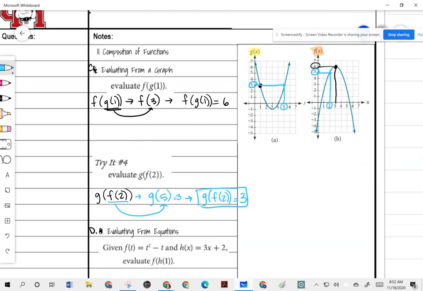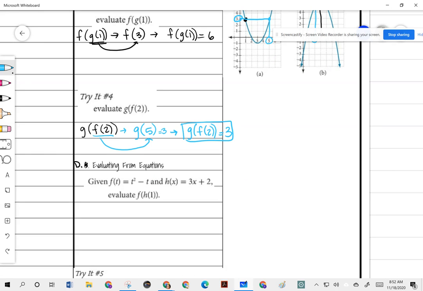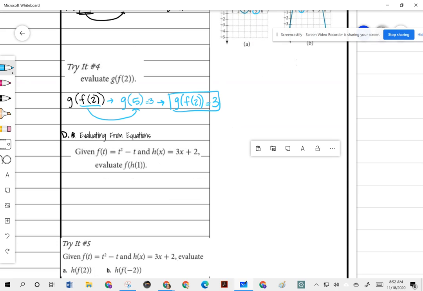Now let's take a look at evaluating from equations. So the idea here is very similar. I would just highlight the two different functions in different colors so that way we can keep things a little bit more organized and straight. And I'm wanting you to evaluate f of h of 1.